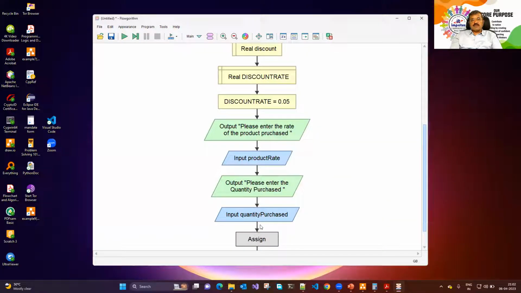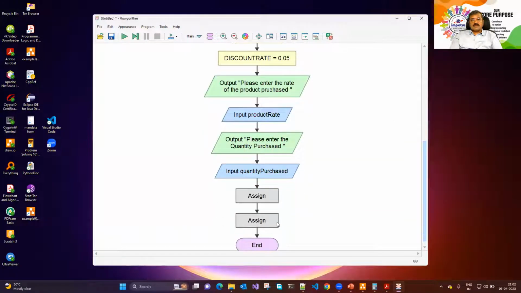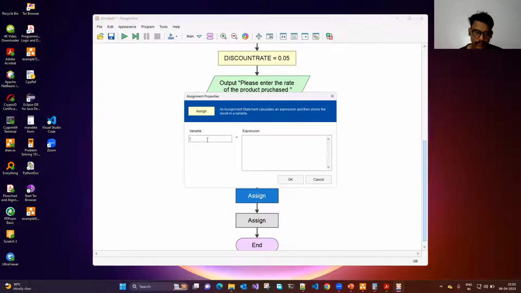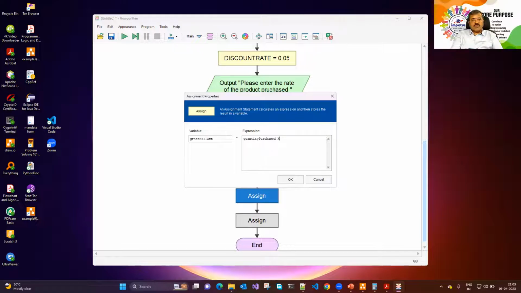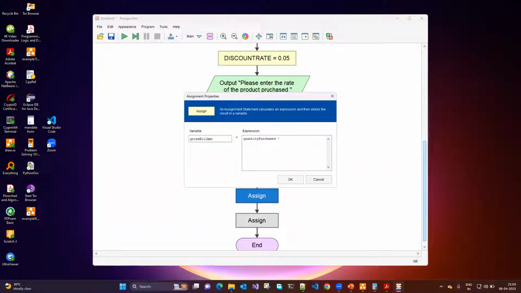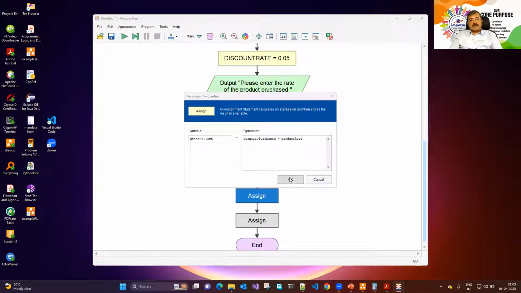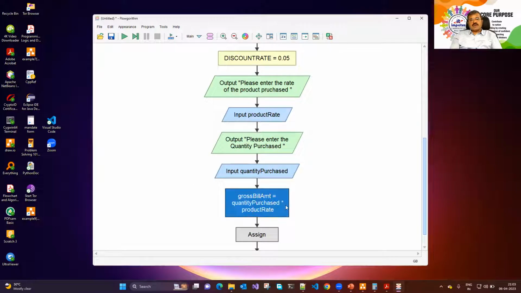Gross bill amount is equal to quantity purchased into product rate. I use this star to specify multiplication.